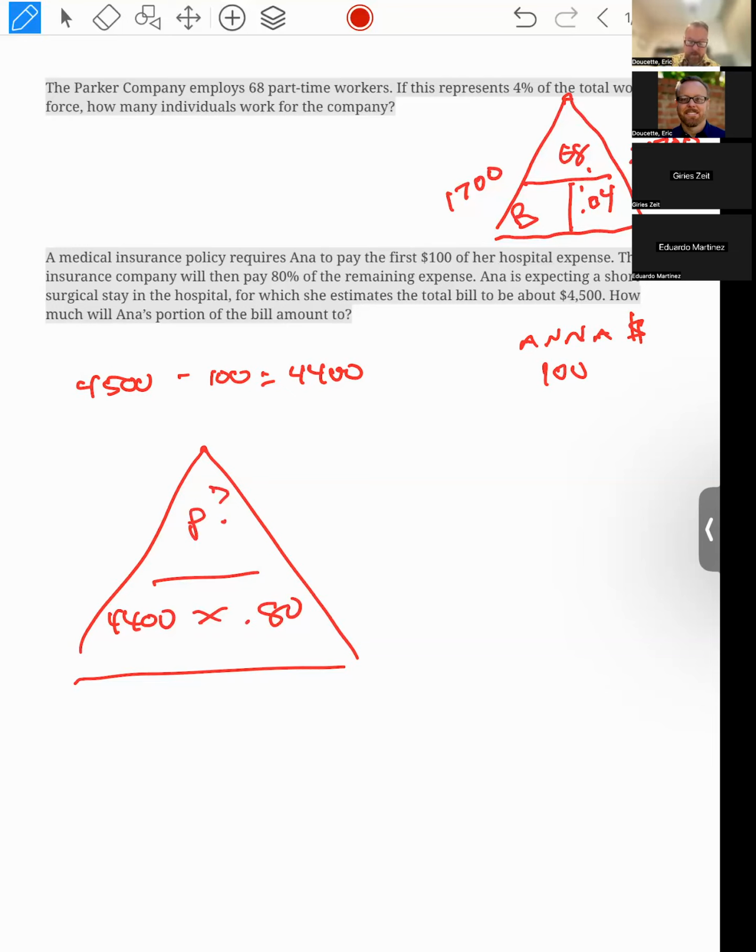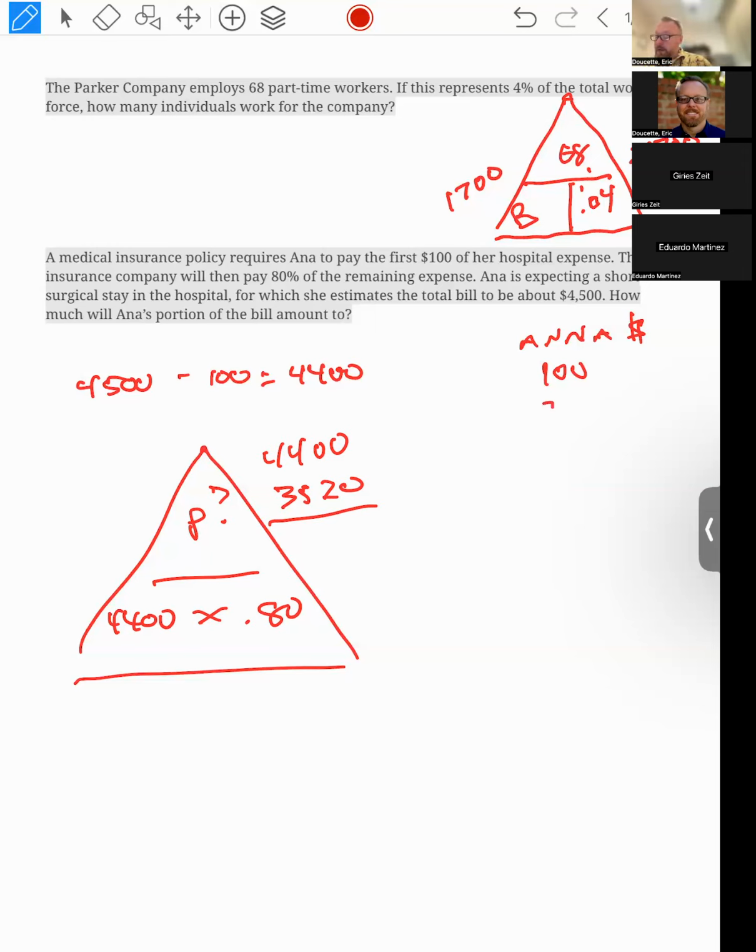So 4,400 times 0.80 means that the hospital is going to pay 80% of 4,400. Sorry, 4,400 times 0.80 equals, they're going to pay 35.20 of the bill. So if they're paying 35.20 and the bill is 4,400, she already deducted the 100, we would just subtract those.